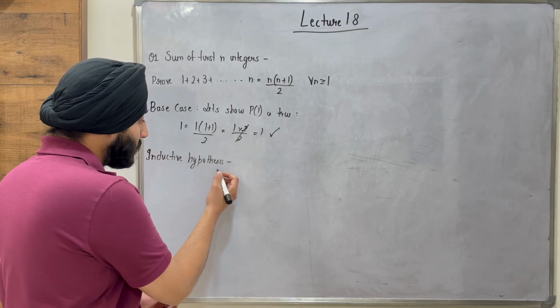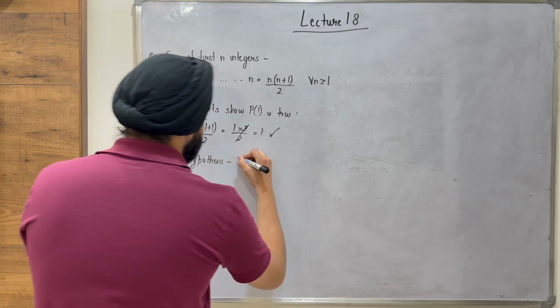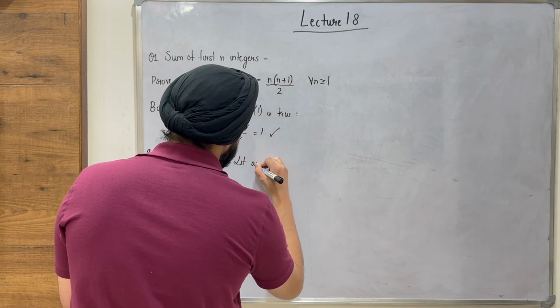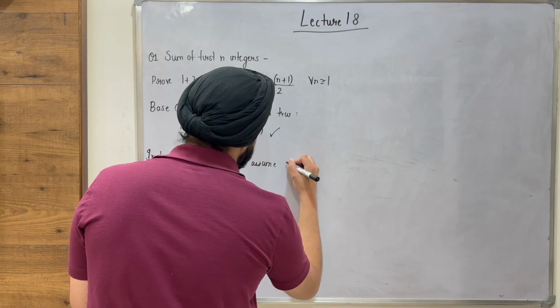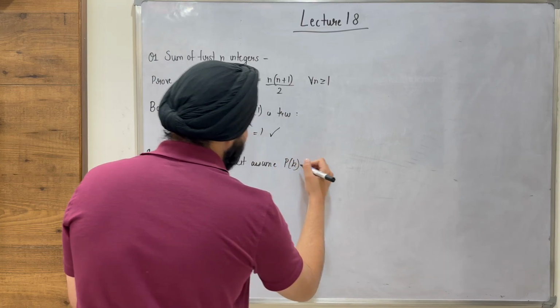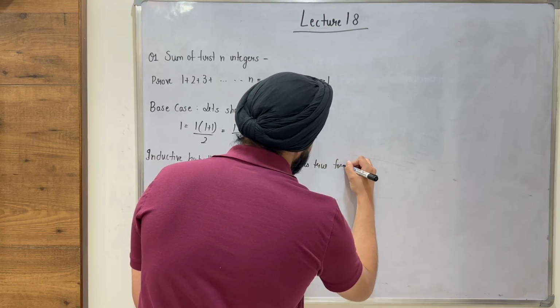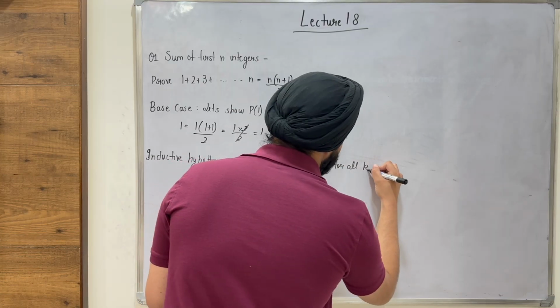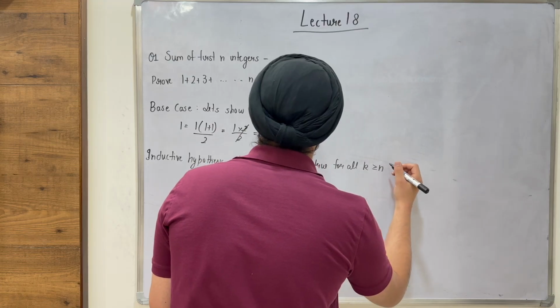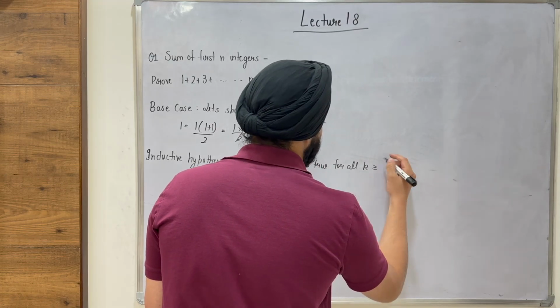So in this case, let's assume P of k is true for all k greater than or equal to 1.